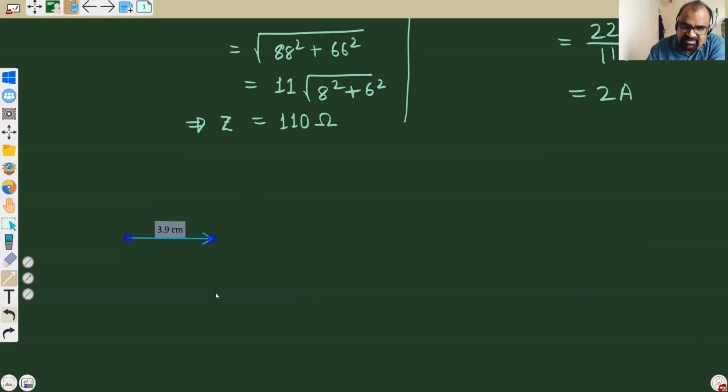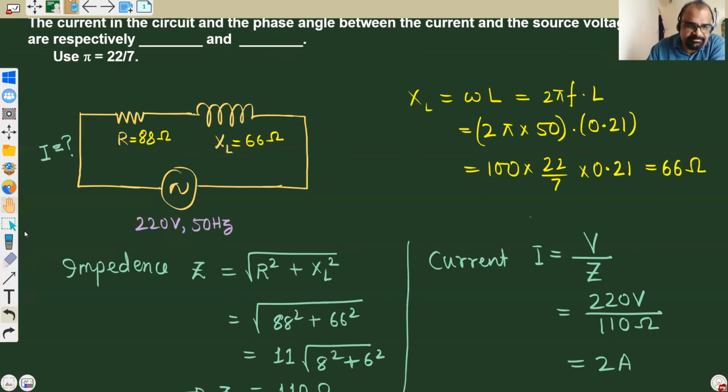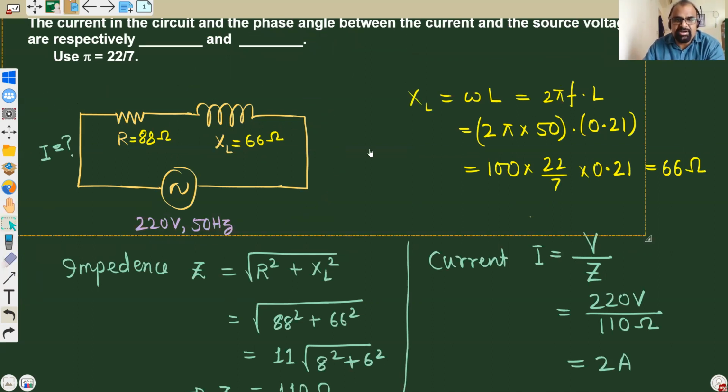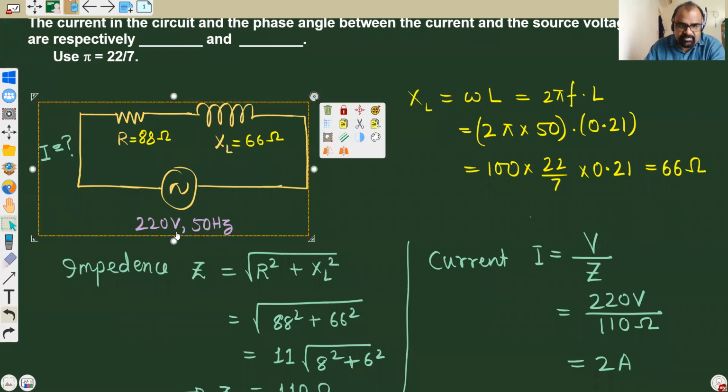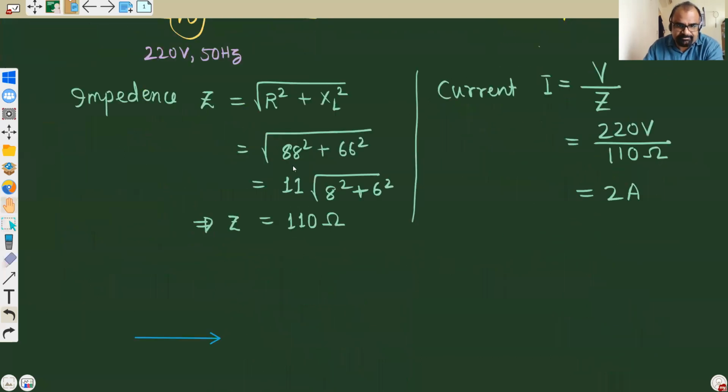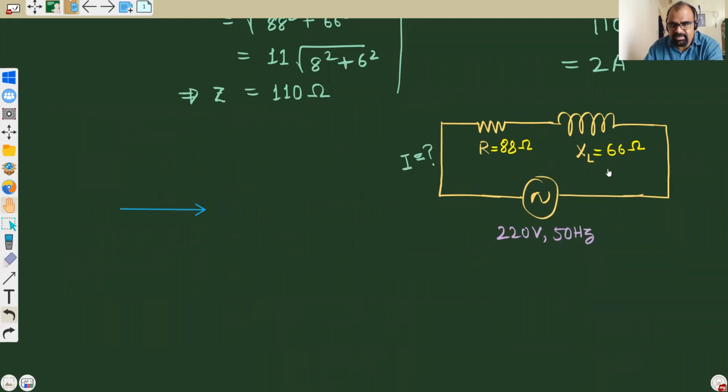So this is the current phasor. Now VR phasor is in the same direction. Let me copy this diagram, even though there is no need of that, but I don't want to scroll up and down so much. So just to save myself from scrolling, I'm copying this diagram.